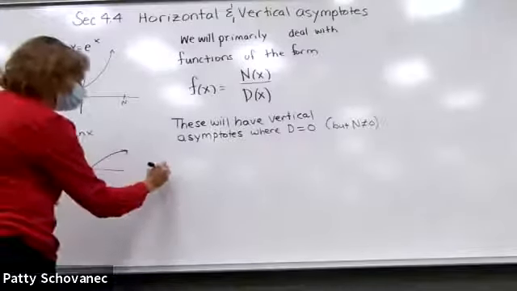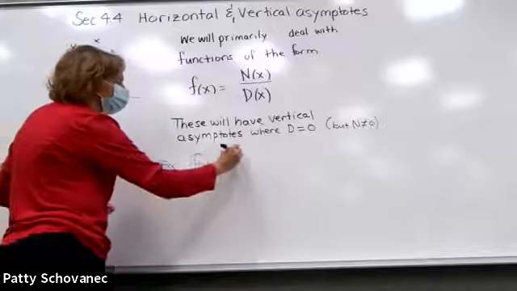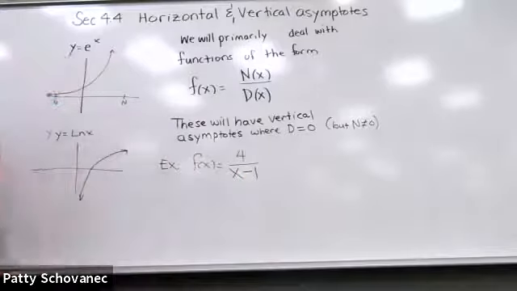Like the function f of x is equal to 4 divided by x minus 1. It has a vertical asymptote along the line x is equal to 1.